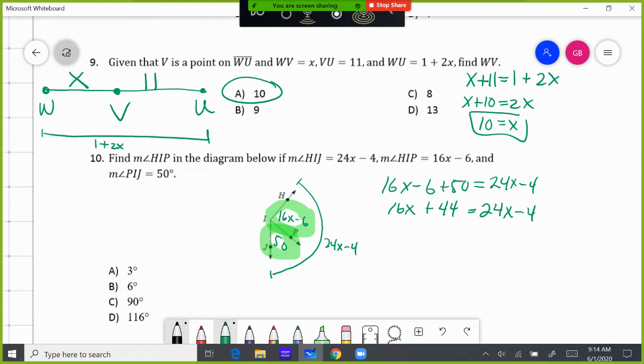I'm going to subtract 16x on both sides. I'm going to add 4 to both sides, and then divide by 8 on both sides. So x is equal to 6. And we want to find the measure of HIP.